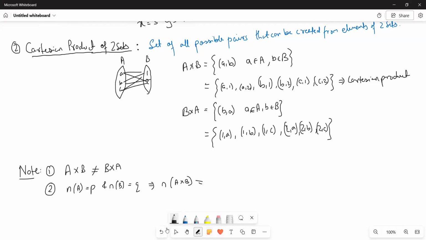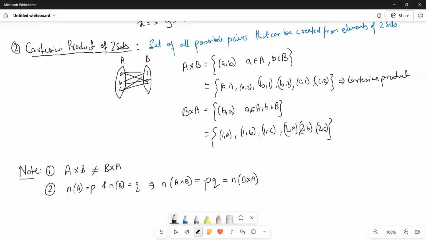P into Q. The number of elements in the Cartesian product would be P into Q, which would also be the same as the number of elements in B cross A. The two Cartesian products A cross B and B cross A will not be the same, but they will contain the same number of elements.